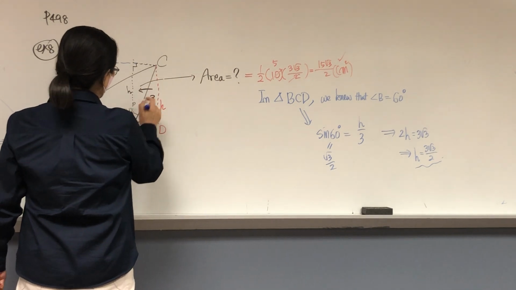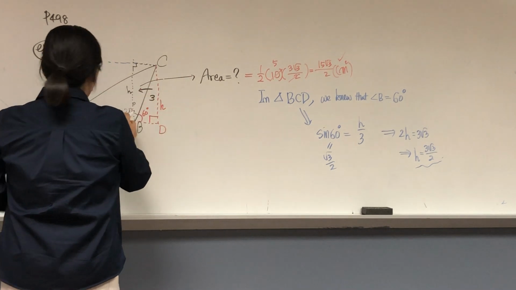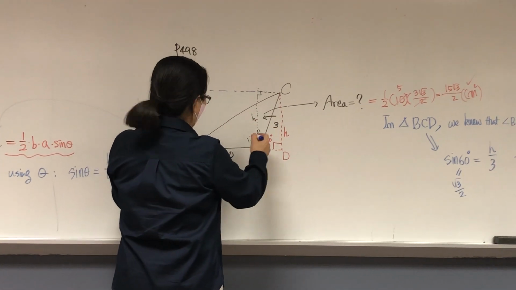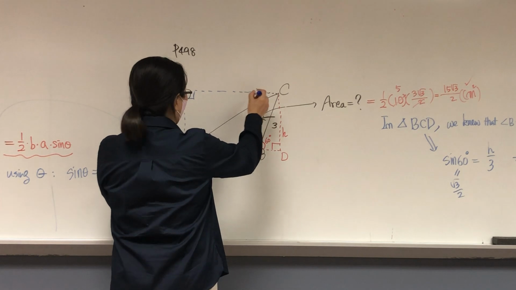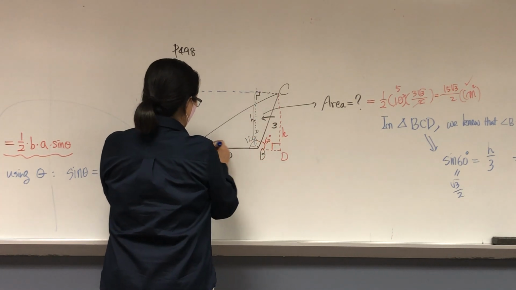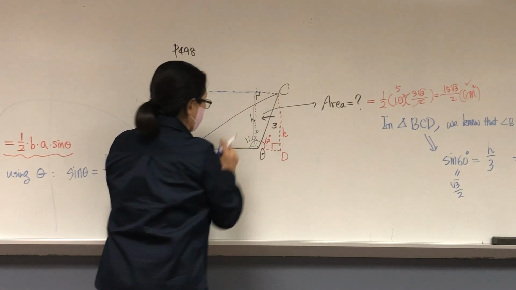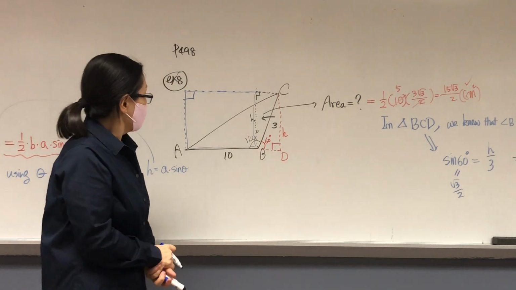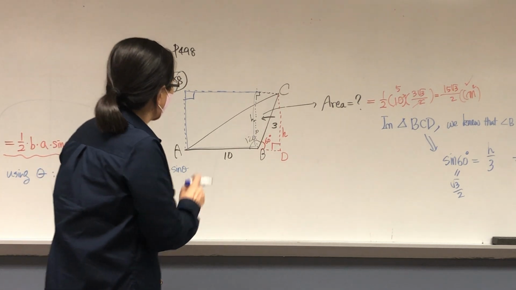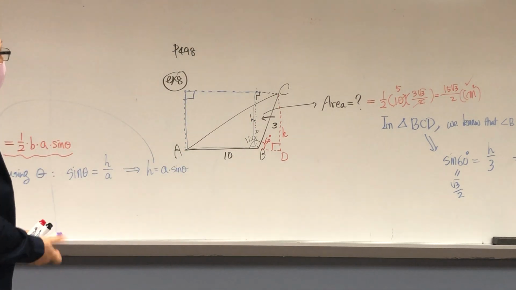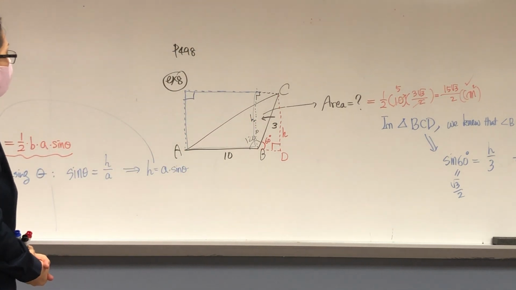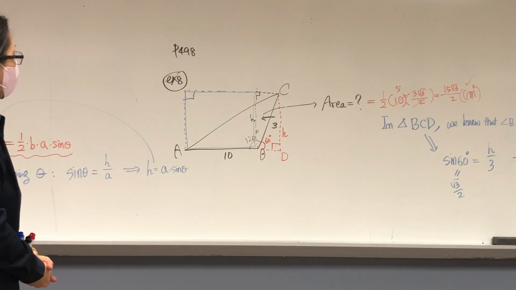This part is what? How about that way? I'm looking for this area, which is 10 multiply H. Am I right? And now, this is very bad for me to explain. I don't want to explain that way.